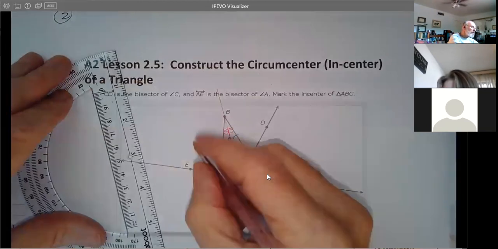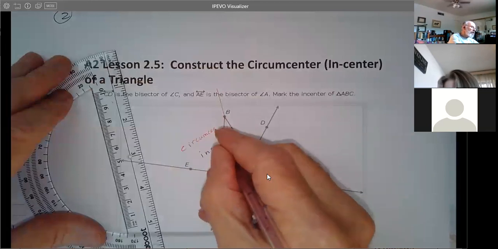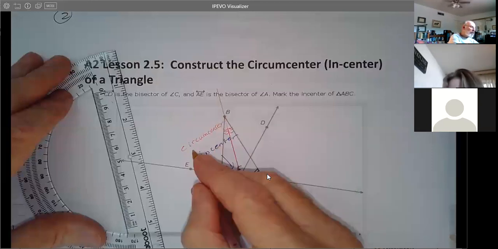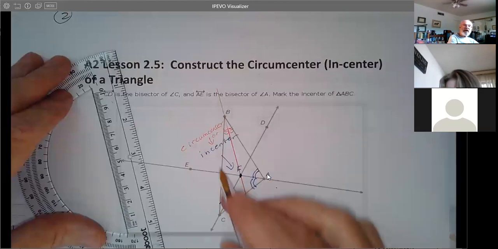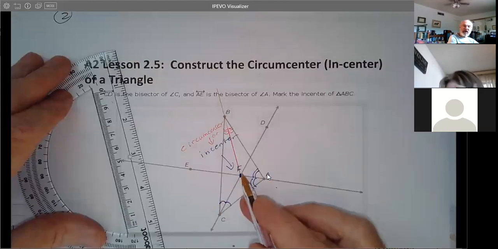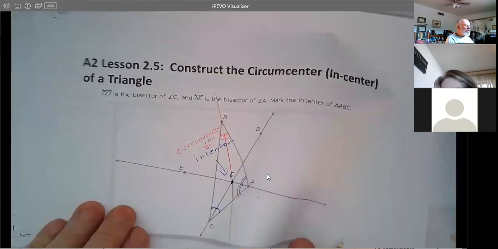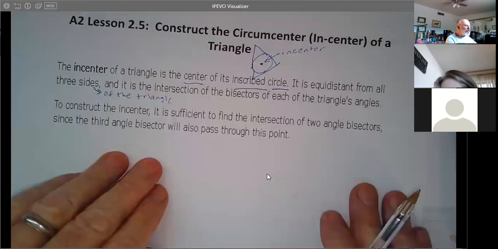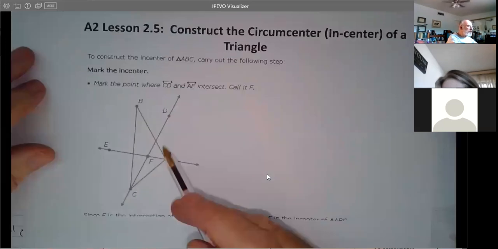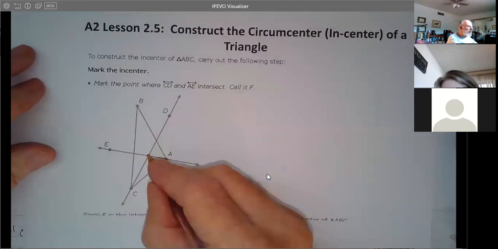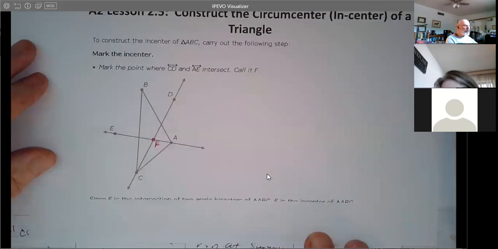Remember, this is also called the circumcenter? No, incenter: in for inside the triangle. All right. So is there anything else we want to do from this? We've got just our conclusion. So mark the incenter, and this is where they did it. Mark it, and you've got your point where it belongs.